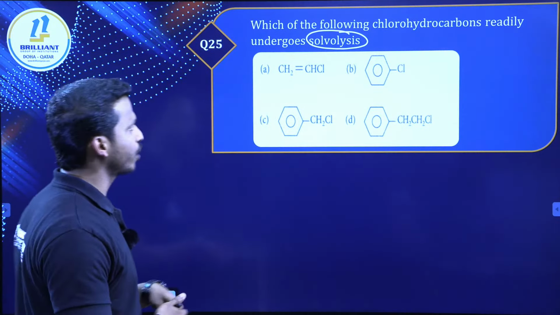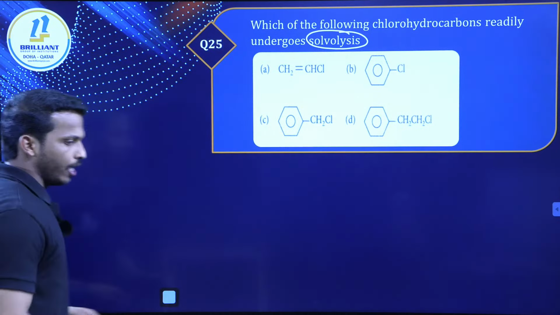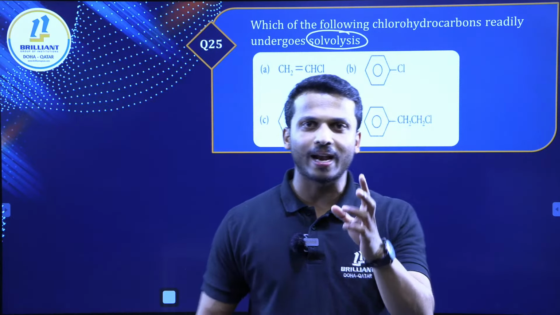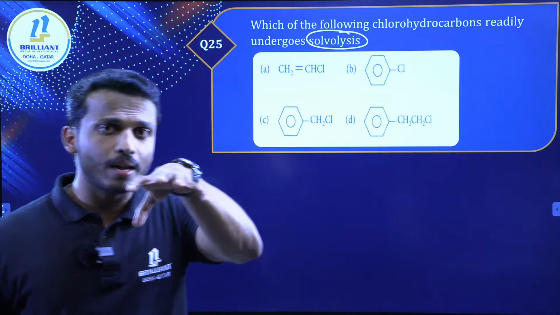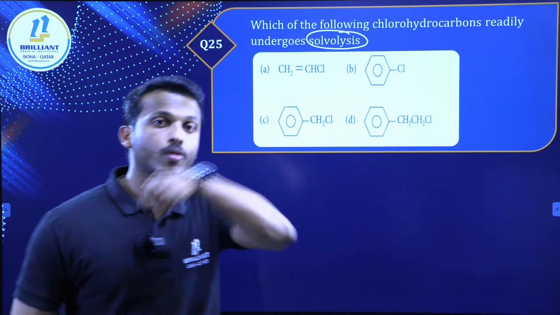I think a small confusion is there. Dear all, if you use tertiary greater than secondary greater than primary order, you won't get this answer. Don't stick to that limited stability of carbocation, go beyond that.